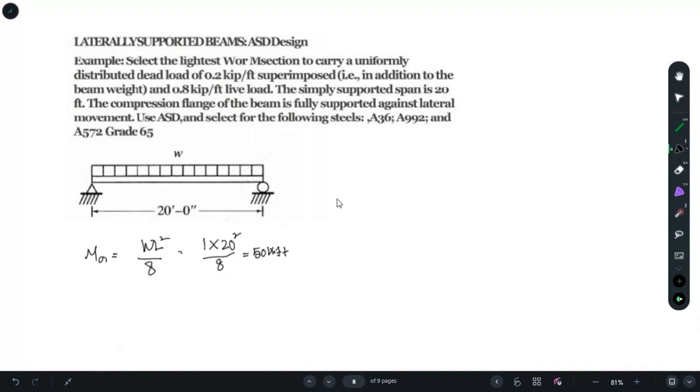Again, this is the actual moment, but for design purposes using the ASD method, you need to find the nominal moment that you need. For that, you have a multiplying factor, which has a value of 1.67, and it will be multiplied with 50, and you will get a value of 83.5.